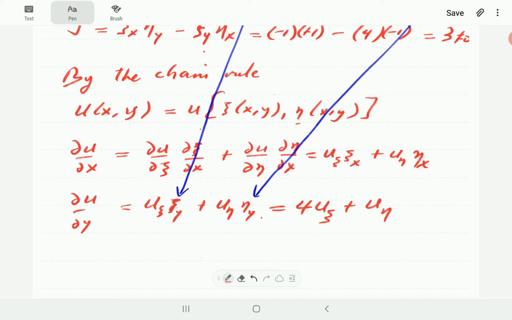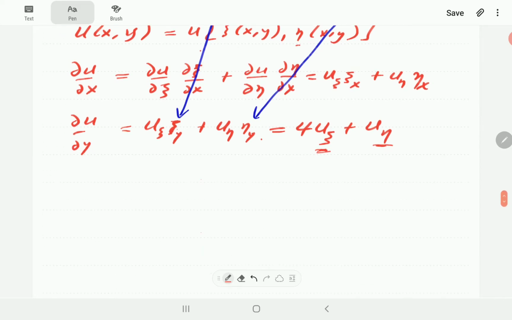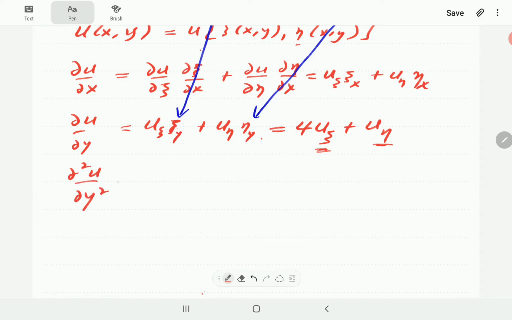Okay, then for the second order derivative, we're going to have to do the same thing to each of these terms. This depends on eta and xi, that depends on eta and xi. So when we differentiate now with respect to y, I'm just going to do this one again in detail.